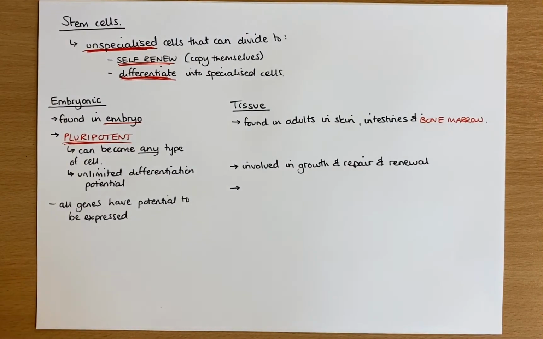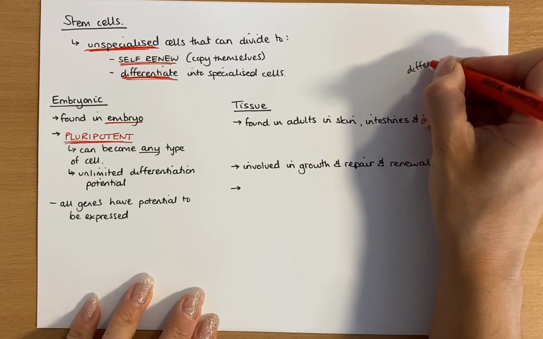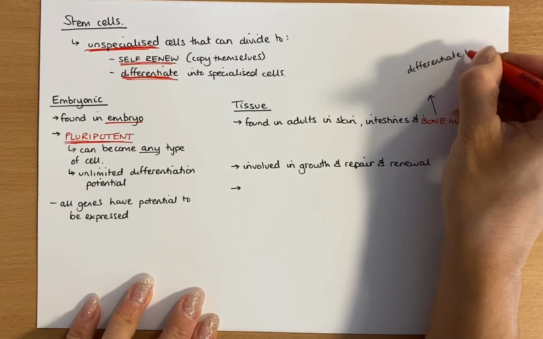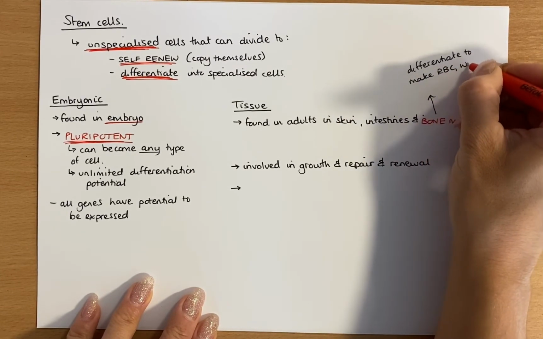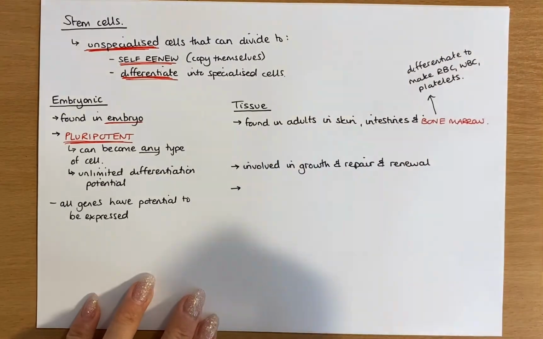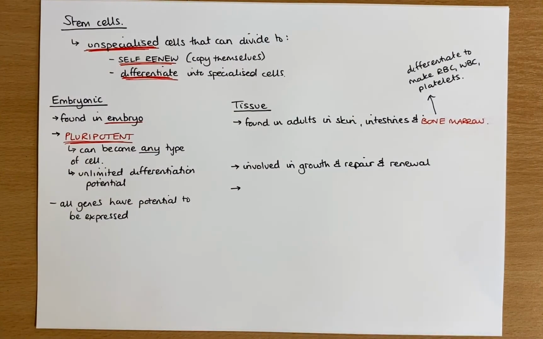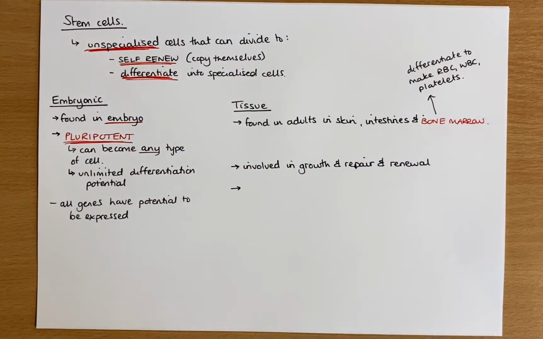Now the cells in bone marrow can then differentiate to make your red blood cells, your white blood cells, platelets, which are the things that help you clot, and any type of blood cell within your body. So the bone marrow is the stem cells that produce all your types of blood cells. It can't produce skin cells or muscle cells or neurons. It'll only produce the cells that are specific to that tissue type, to that bone marrow type.